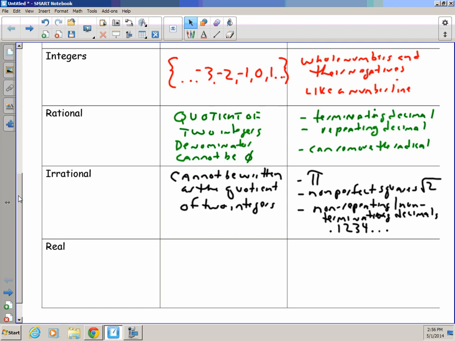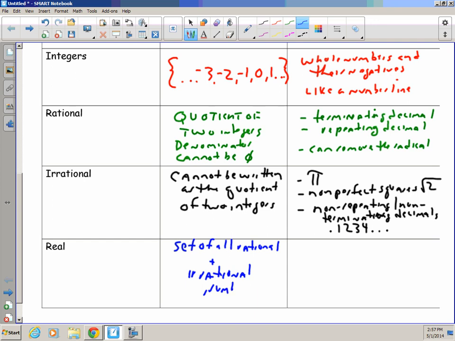Okay? And then real numbers is the set of all rational and irrational numbers. And it's everything we use in this course.